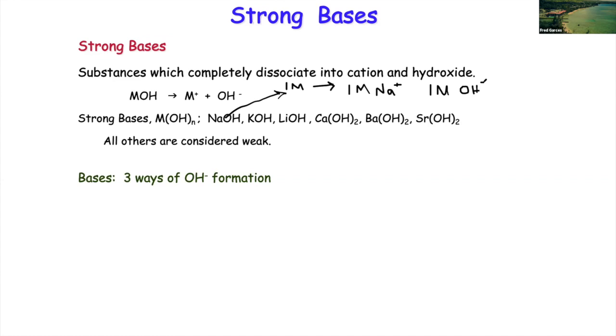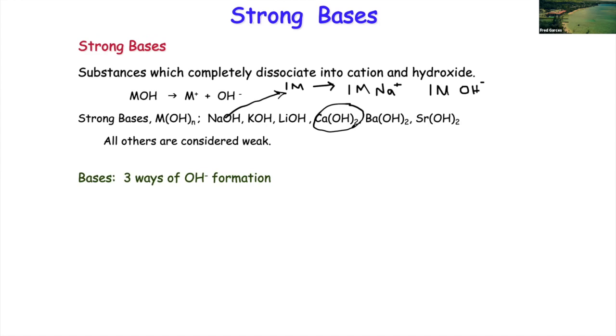And you might ask yourself, how can 1 molar sodium hydroxide give you 1 plus 1 molar, 2 molar ions? Well, that's because the sodium hydroxide breaks up into two parts. So it gives you equal concentration of the sodium and the hydroxide. Okay? Pay close attention to chemicals like these, because a 1 molar calcium hydroxide will give you 1 molar calcium, but 2 molar hydroxide. So you have to pay attention to the formula.